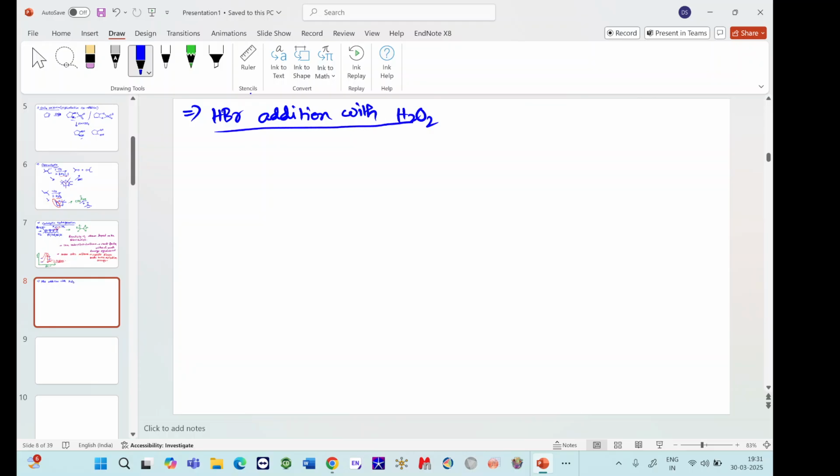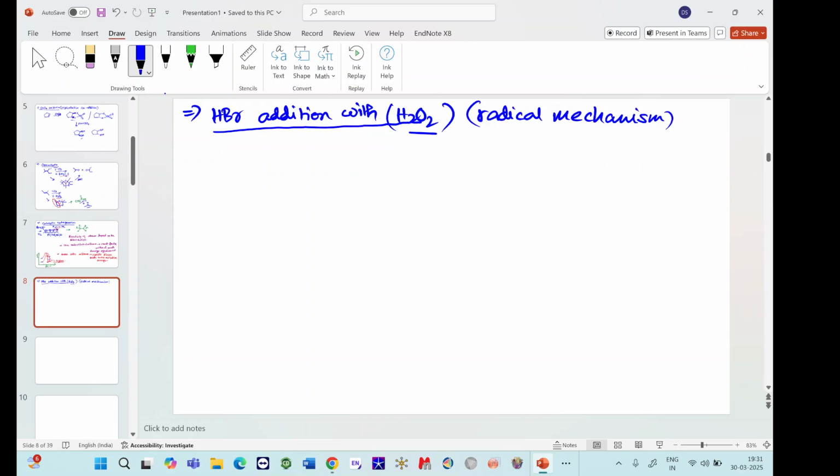So we did discuss HBr addition in carbon tetrachloride, DCM, these kinds of solvents, in water also, but we did not discuss it with H2O2 because this mechanism is different. This is going through a radical mechanism. That is why the product that we expected in earlier cases will be completely different here.